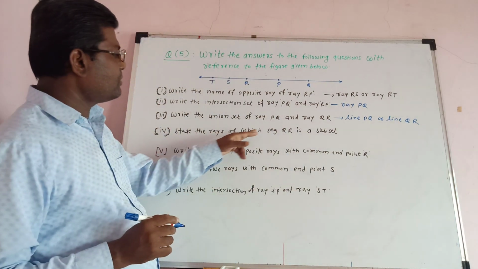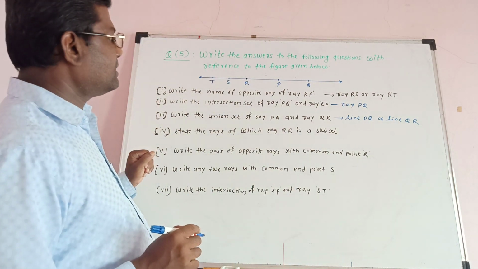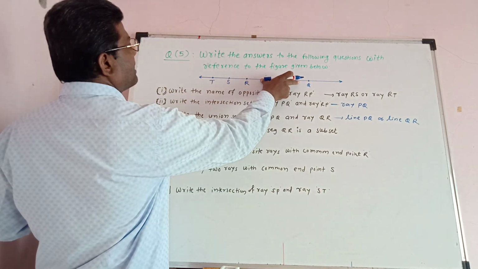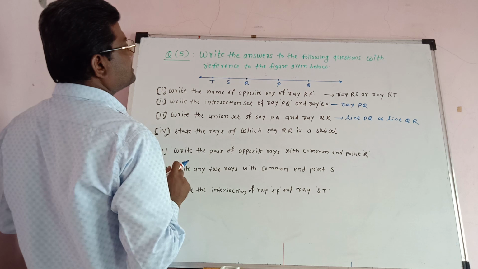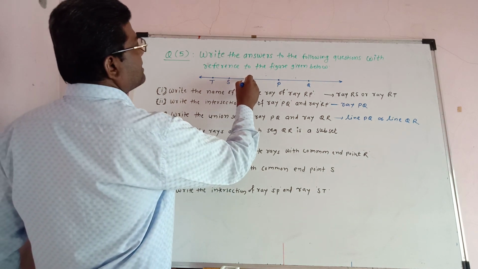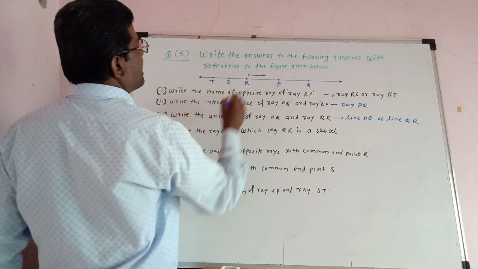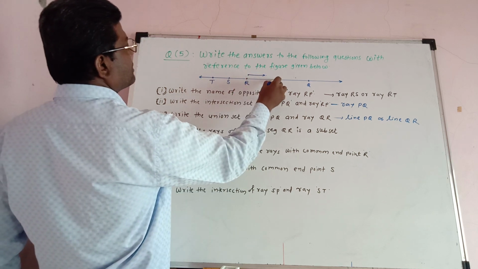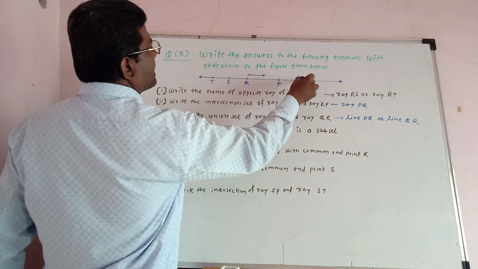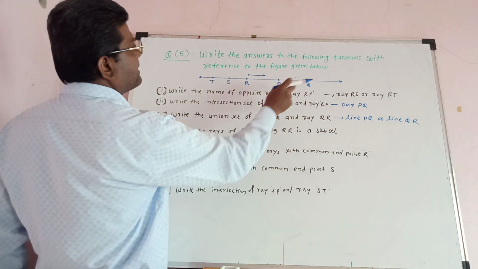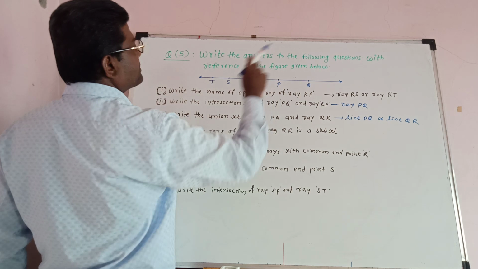State the rays of which segment QR is a subset. Such rays: ray RQ. This ray RQ starts from the point R, it goes to P, goes to Q, and goes infinitely. On that ray, segment PQ comes.